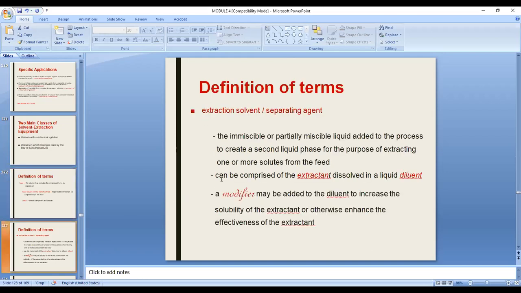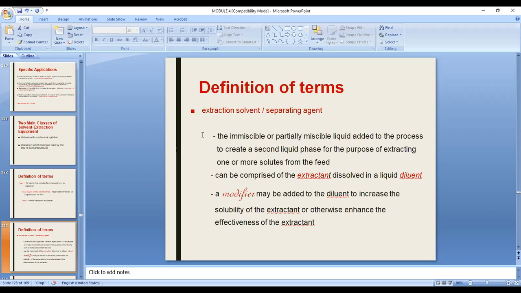Now, when we speak of the solvent or the extraction solvent, otherwise known as the separating agent, it is that immiscible or partially miscible liquid added to the process to create a second liquid phase for the purpose of extracting one or more solutes from the feed. Now, your extraction solvent or your separating agent is comprised of the extractant, the one responsible for taking out the solute from the feed, and the diluent.